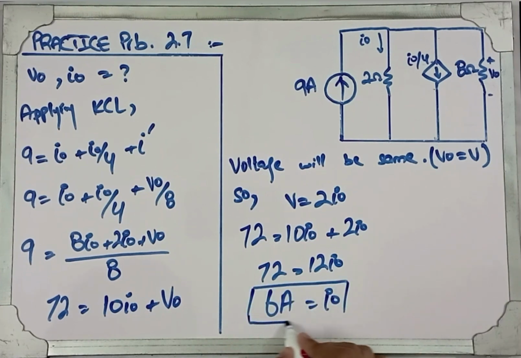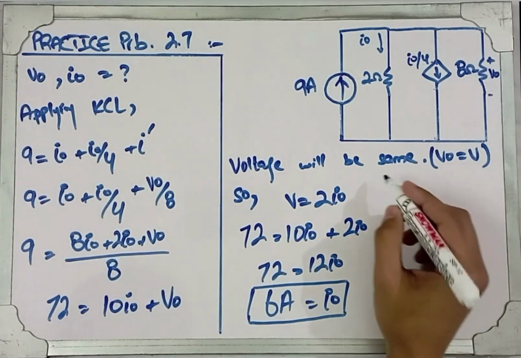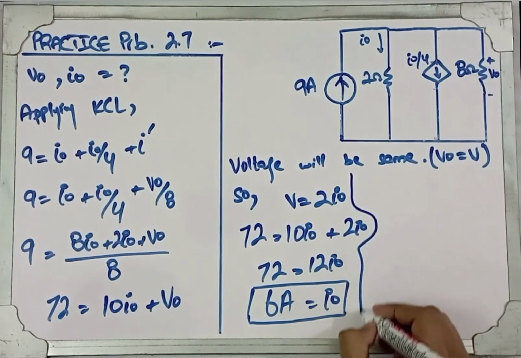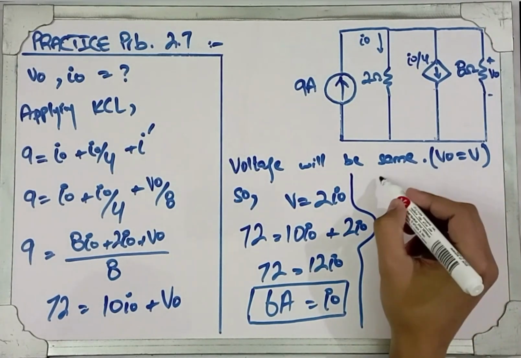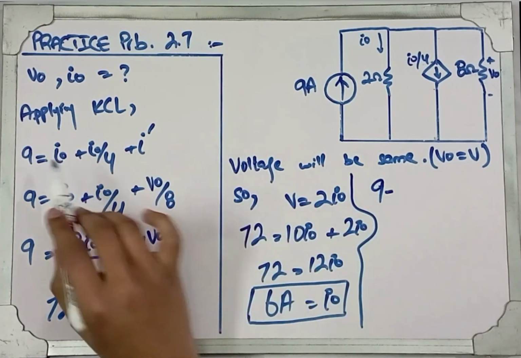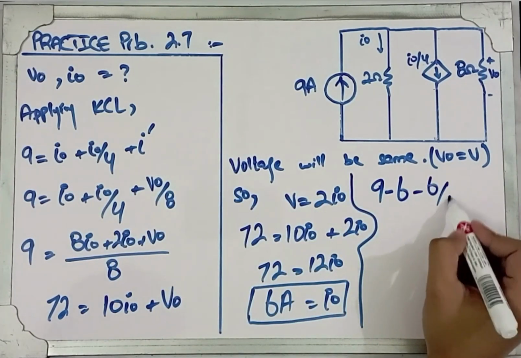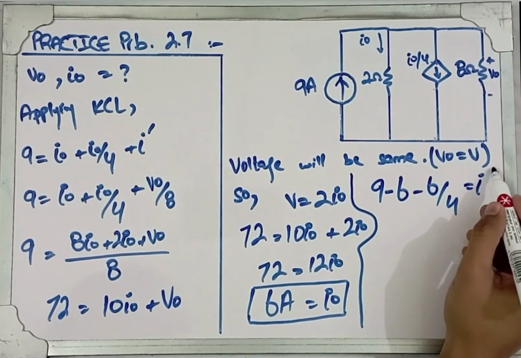Now we will use this I naught to calculate the current in the last branch, that is I prime, and then we will apply Ohm's law on that branch. So calculating I prime, 9, and taking the I naught to the other side of the equation will make it minus I naught, meaning minus 6, and minus 6 by 4 equals I prime.